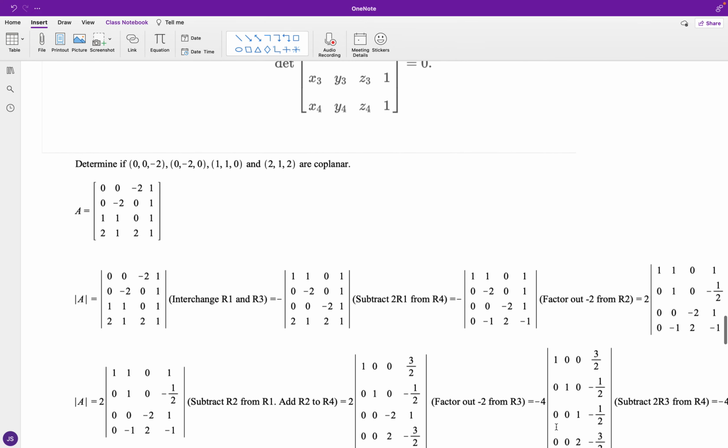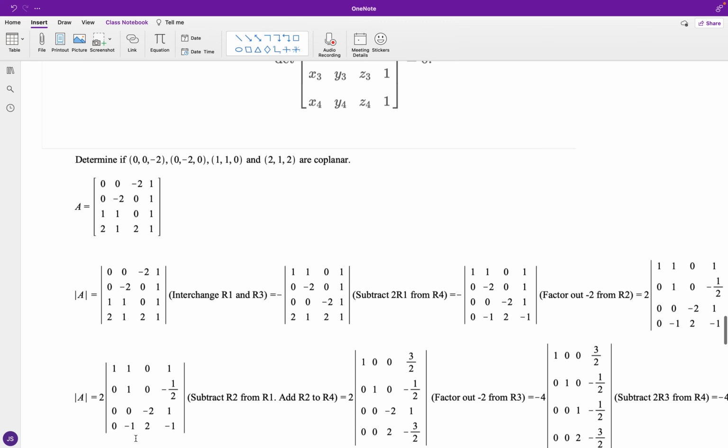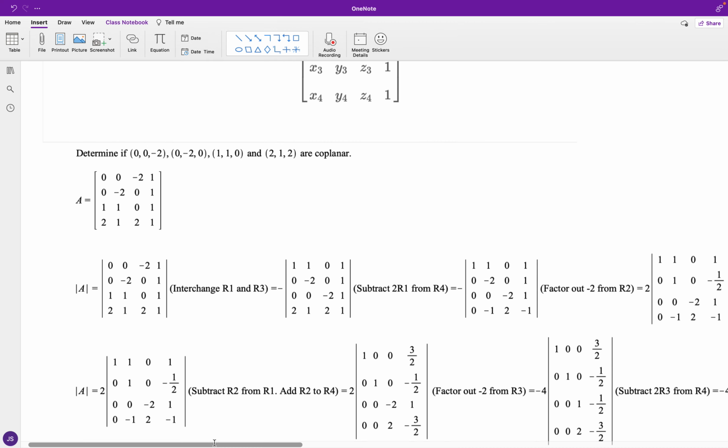In this case, I'm going to subtract the second row elements from the first row, and also add the second row elements to the last row. I'm going to make the 1 at the top and the negative 1 at the bottom into a 0. Upon doing so, you still have 2 out at the front.